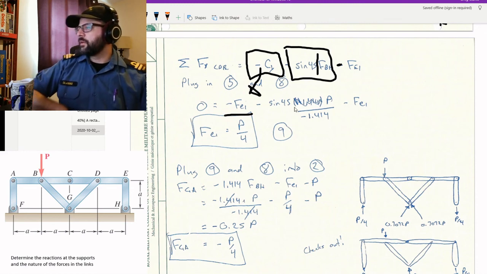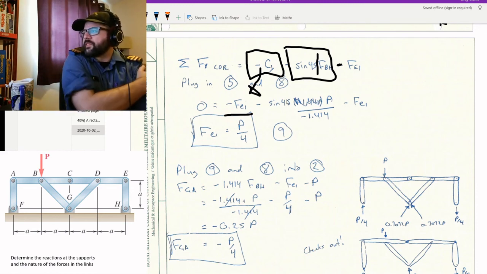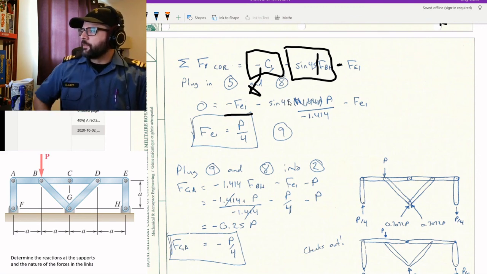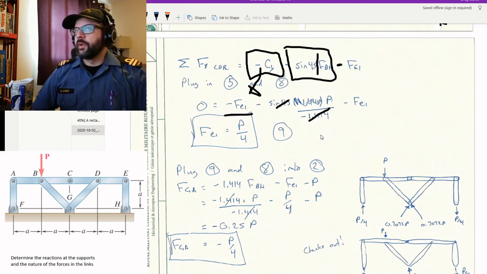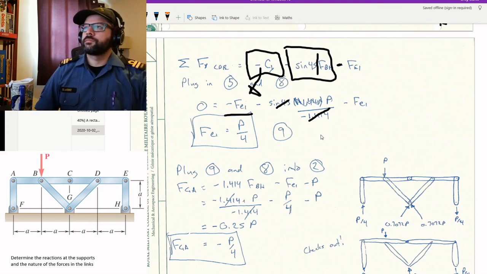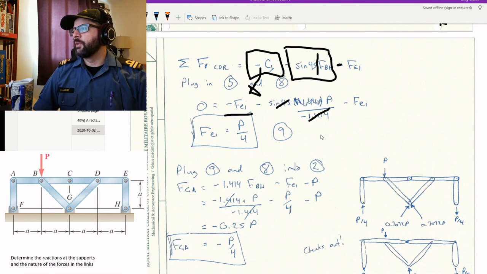The negative sine 45 and the negative 0.414 end up being just 1 over 2, P over 2.